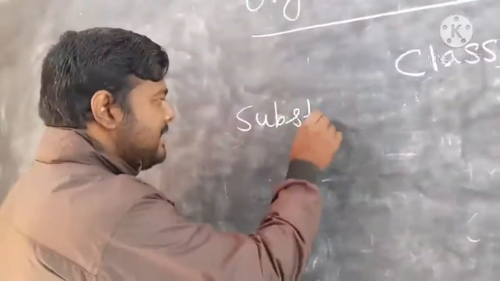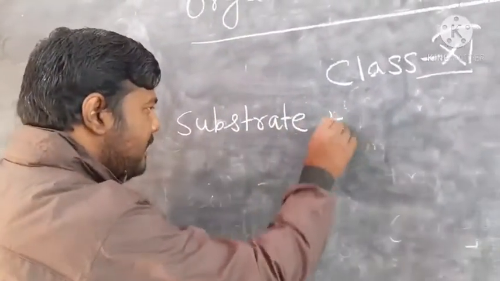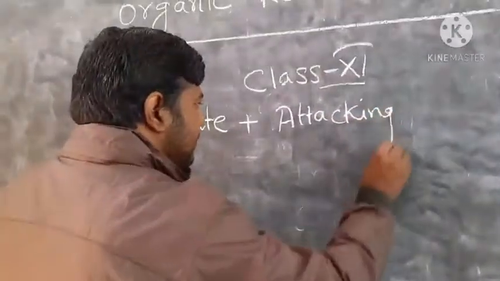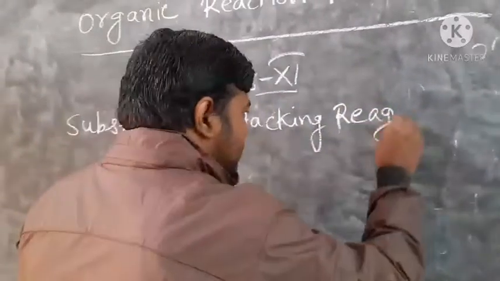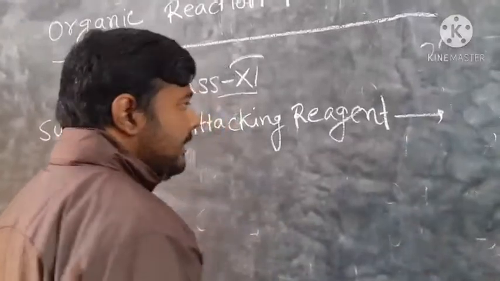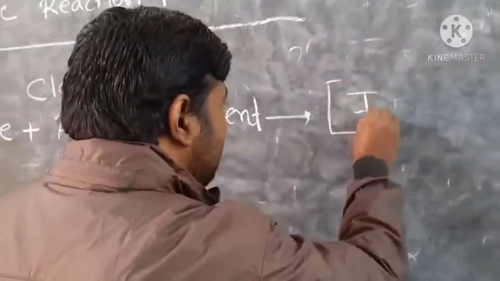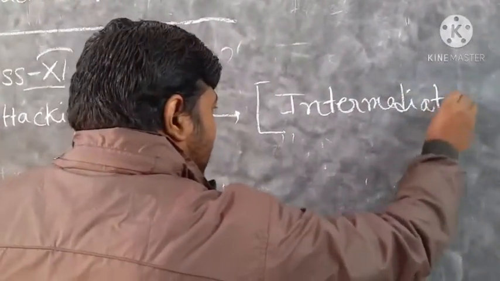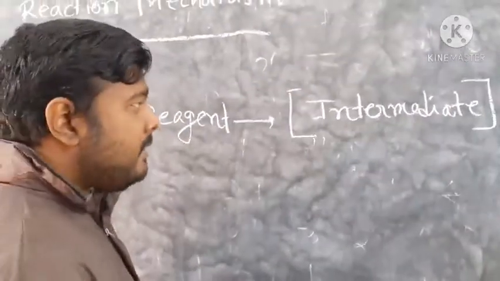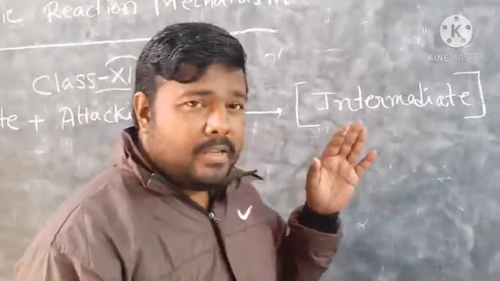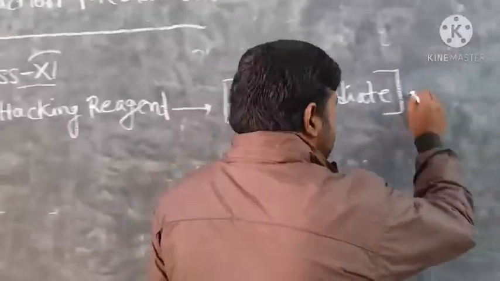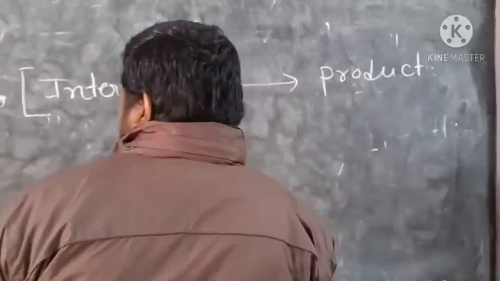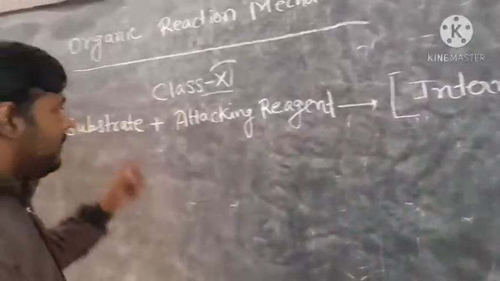In an organic reaction mechanism there is a substrate on which an attacking reagent attacks, then it forms an intermediate which may be a carbocation, carbanion, as well as a free radical, etc. Then, by releasing its energy, it gives the product. So that is known as the flow chart of the organic reaction.